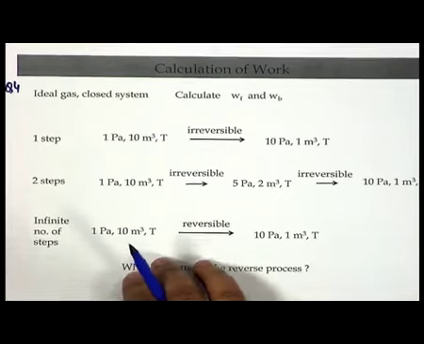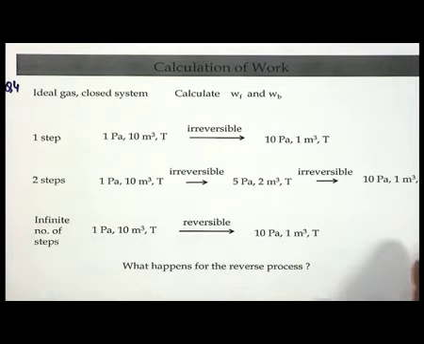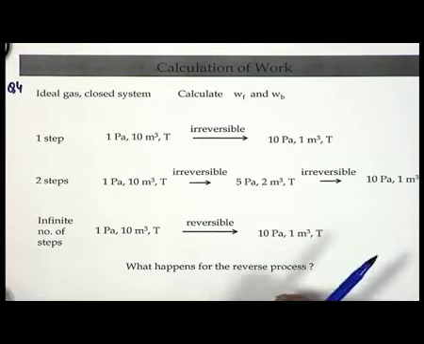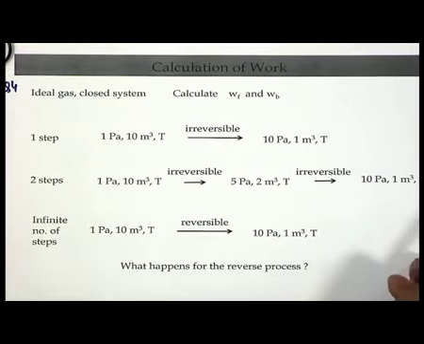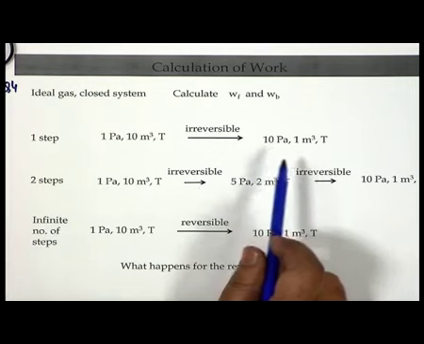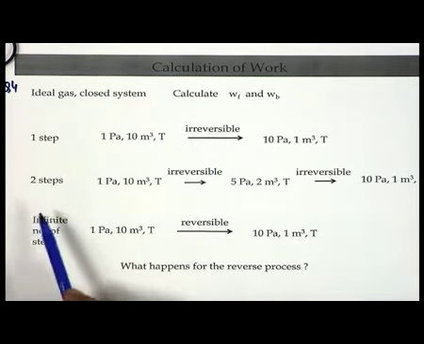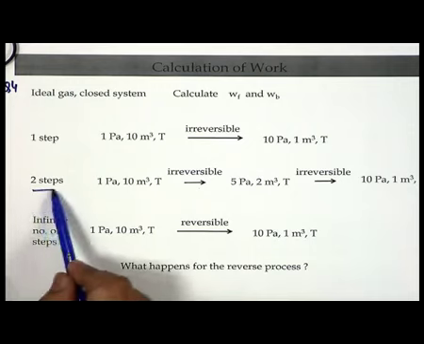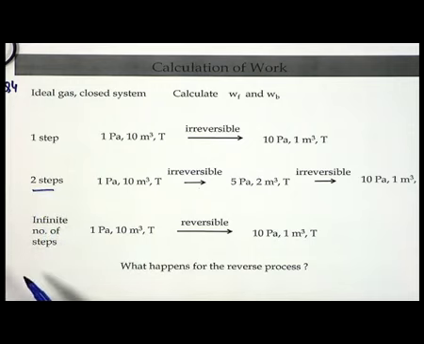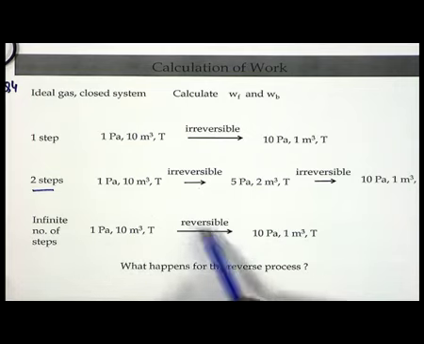Just as a part of homework, you can solve this problem where you do the same change in an irreversible way in one step, and then two steps, and then in an infinite number of steps, which is basically a reversible process.